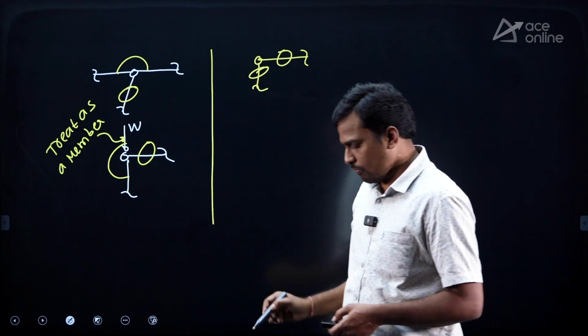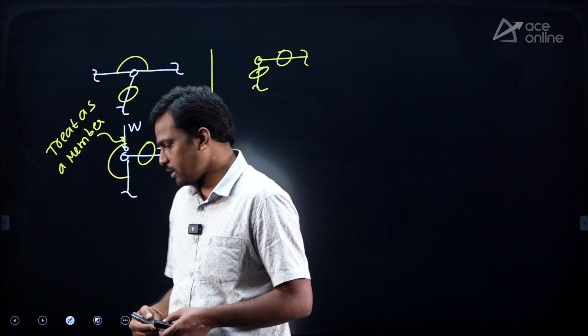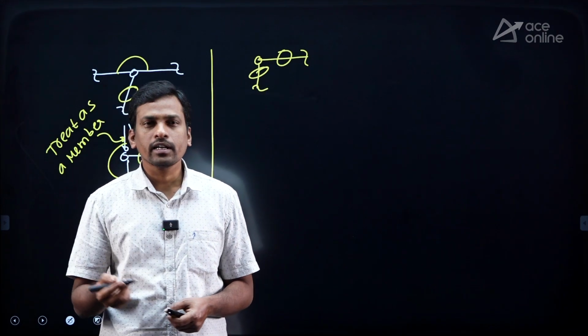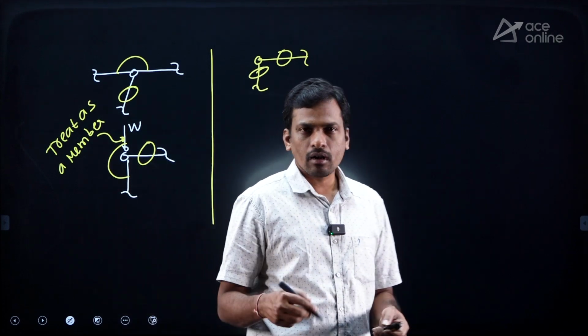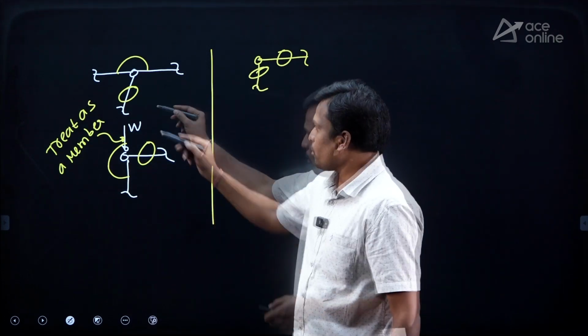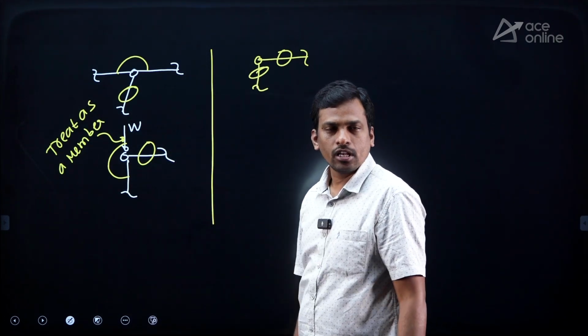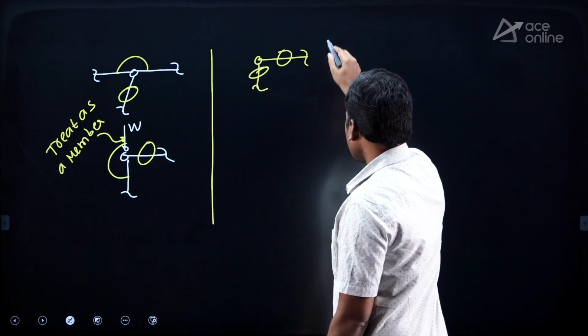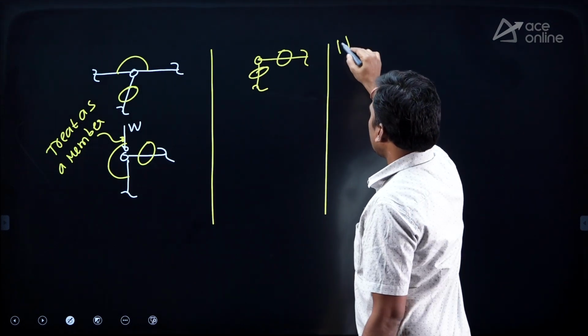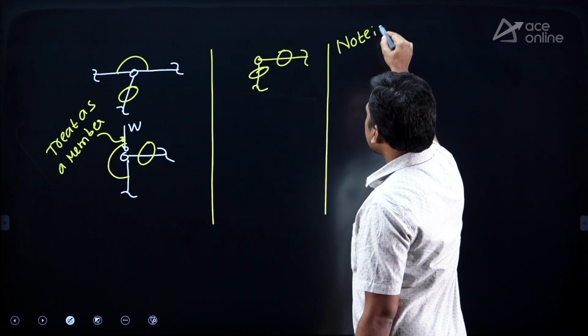And one more shortcut I gave, the third shortcut, but the third shortcut may be for zero force members or non-zero force members. But the first 2 shortcuts are for zero force members only, right? Then after this I gave one note point.